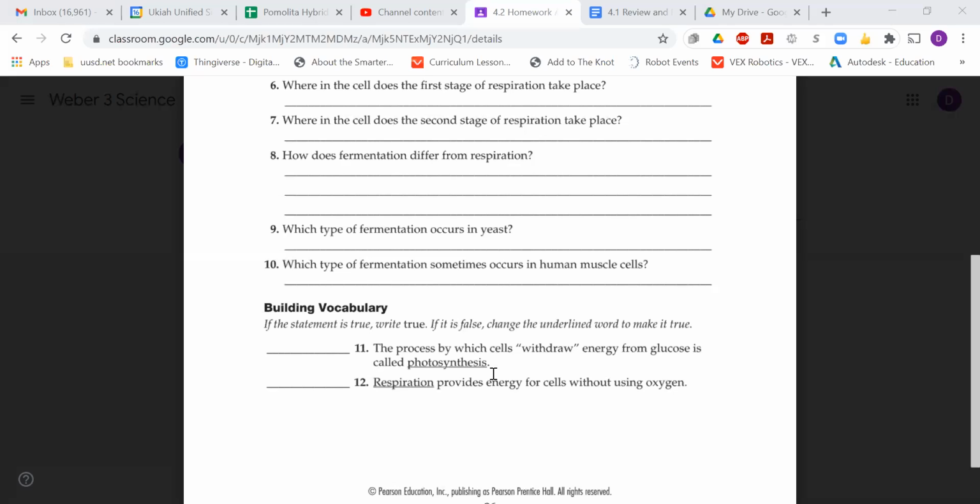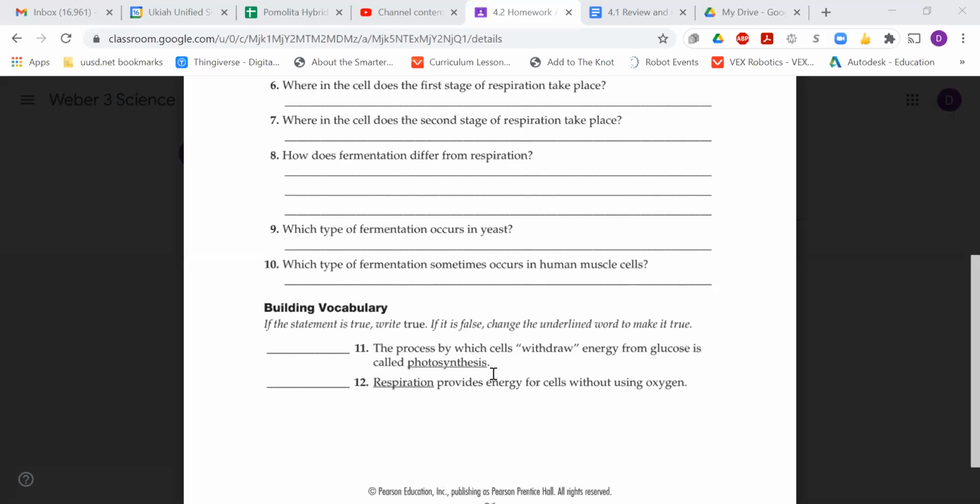12. Respiration provides energy for cells without using oxygen. True or false? Ooh, Luke had true, Willow has false. Who's correct? Look back at your notes. Respiration provides energy for cells without using oxygen. Which one?